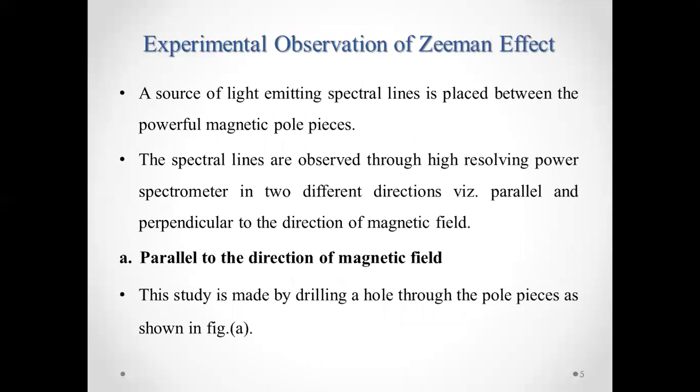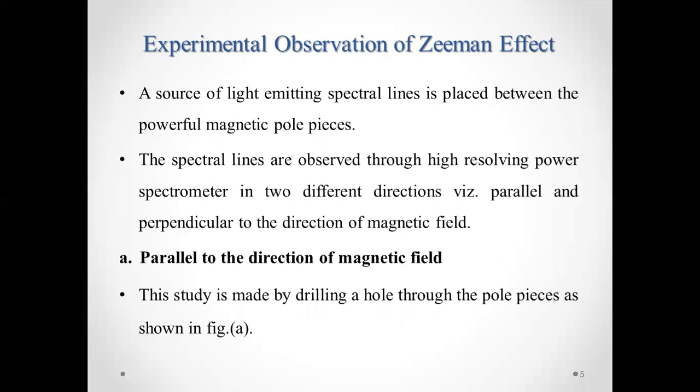Let us discuss the experimental observation of Zeeman effect. The experimental setup consists of a source of light emitting a spectral line which is placed between the powerful magnetic pole pieces.